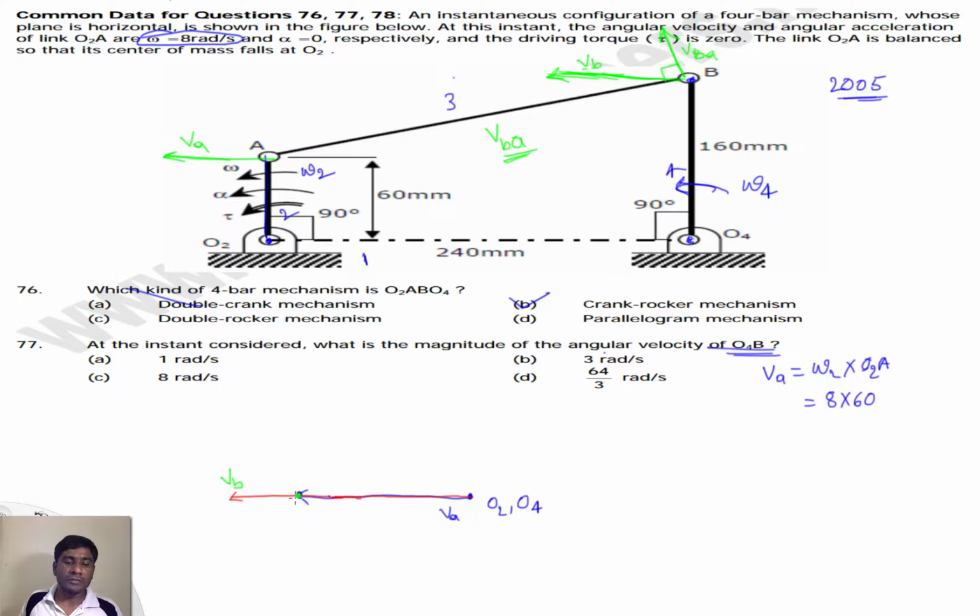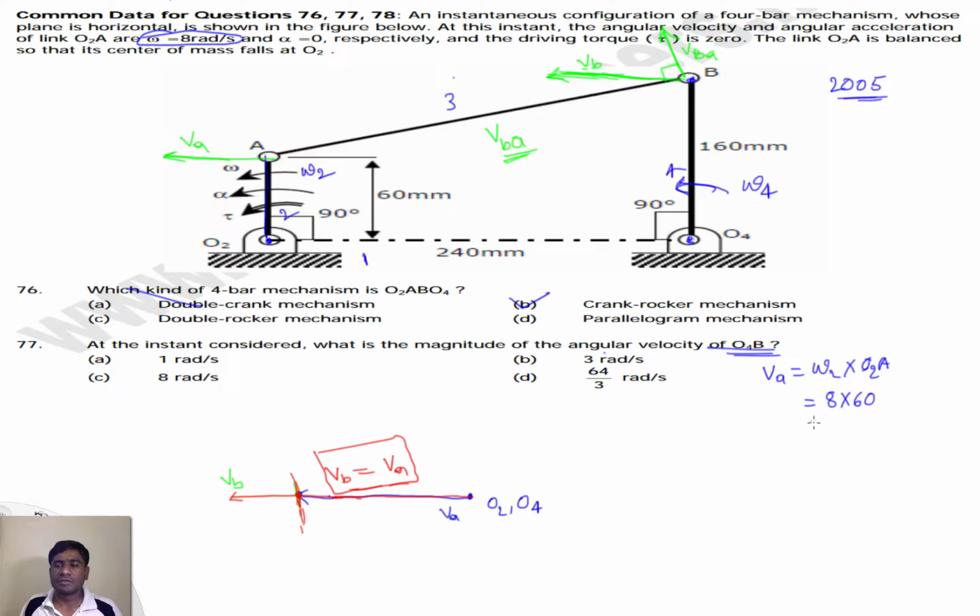But here these two are coincident, so at this point itself these two are intersecting. That means in this case velocity of B equals velocity of A, because this point is touching at the same position. So here VA equals VB.